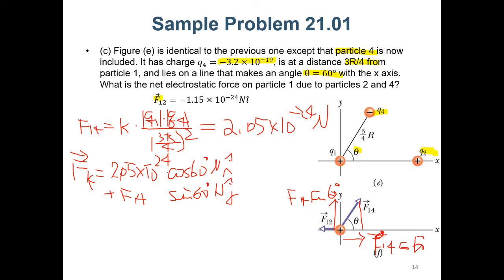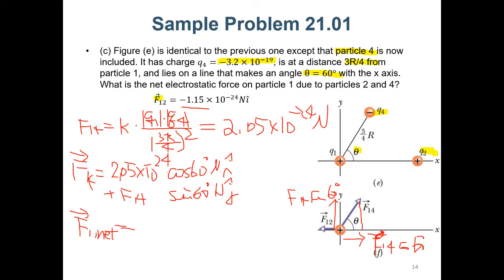Actually, you can just press the calculator to get this number. And then finally, you can calculate F1 net: you add them together. This one is minus 1.15 plus this number.